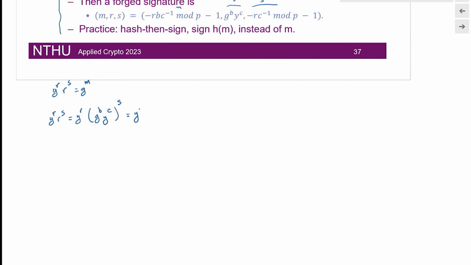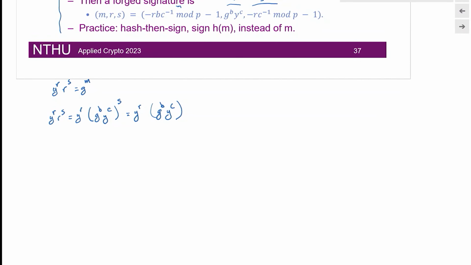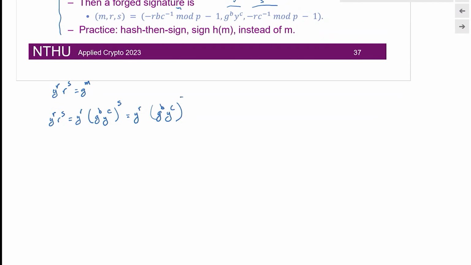We get Y to the R, and then G to the B, and then Y to the C, and then S. They already have a defined value, which is minus R inverse of C.